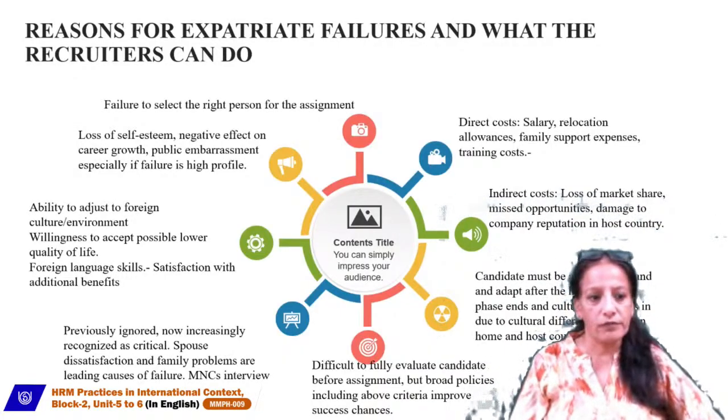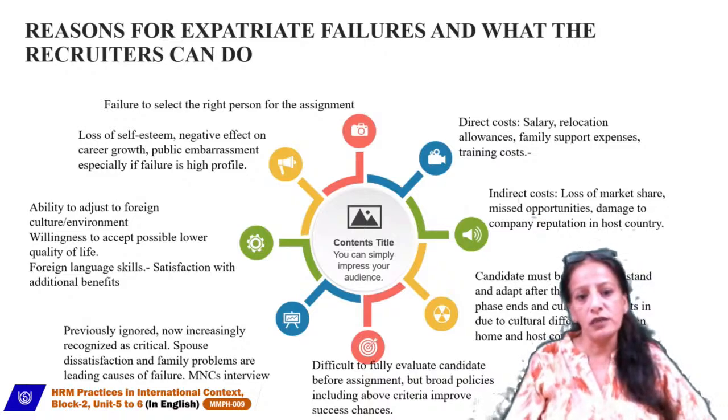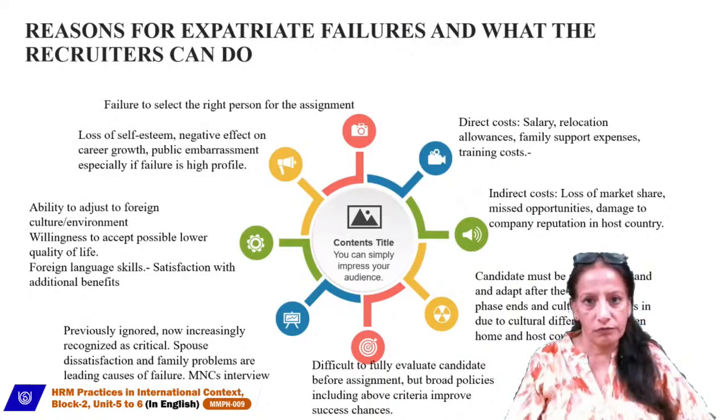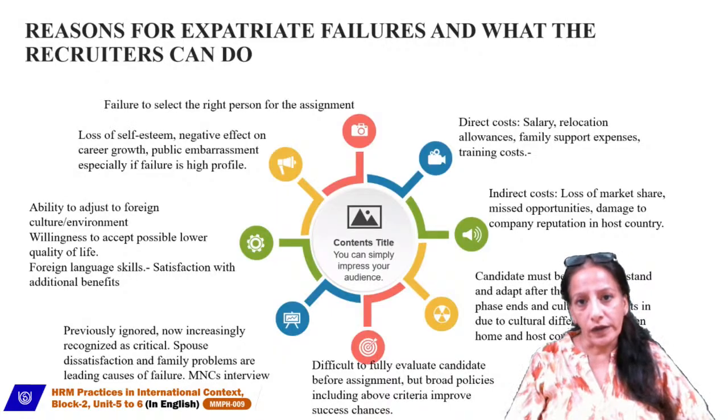Ability to adjust was previously ignored, but now it is increasingly recognized as very critical. Spouse dissatisfaction is very important. It may also be a reason for expatriate failures, where there are family problems, or they are not finding it good to be in the host country.